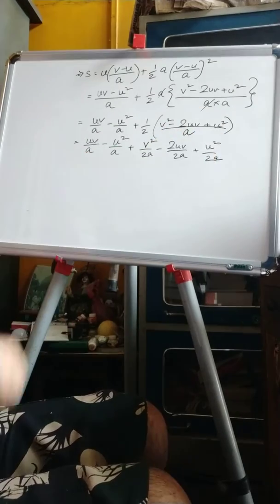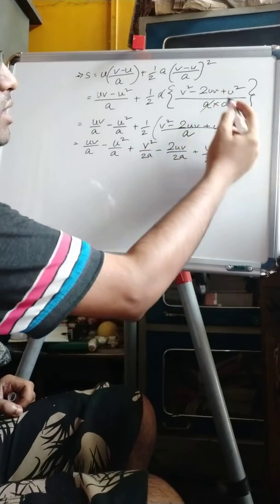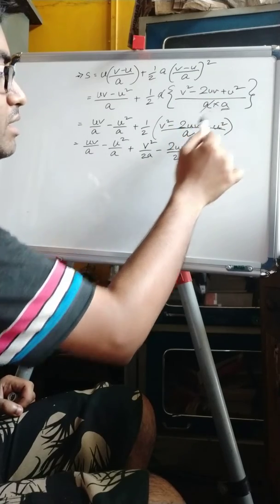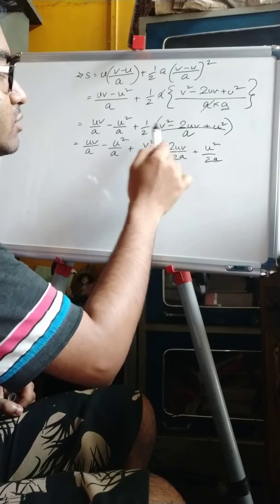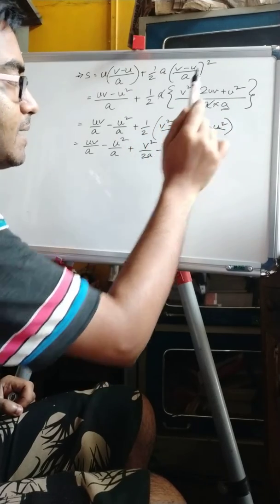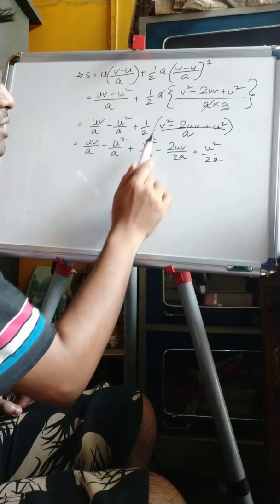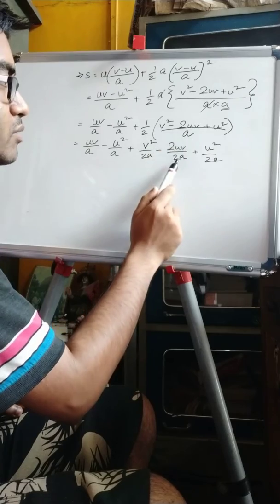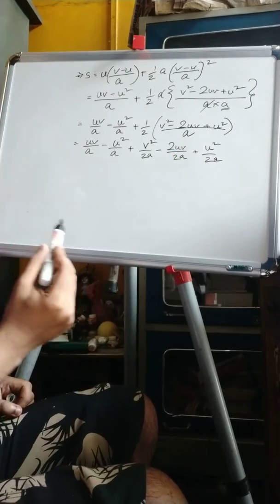So there should not be any confusion, I just missed it out here. After calculating, there remains a, so we need to mention it: it would be half of v square minus twice of uv plus u square, by a. Now when we remove the bracket, it would be v square by twice of a, minus 2uv by twice of a, plus u square by twice of a, right?